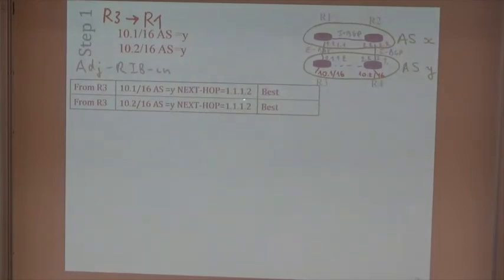There is one field that we discover here called the next hop. Next hop is the IP address of the router or the place to which to send traffic that goes to this destination. In this case, it is the IP address of R3 on its link to R1.